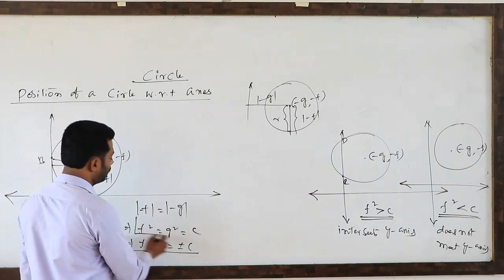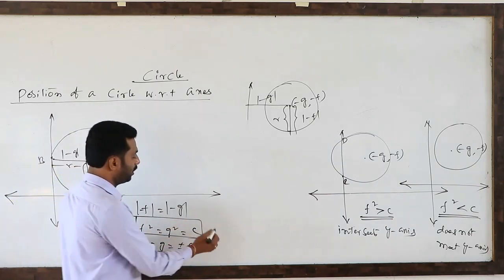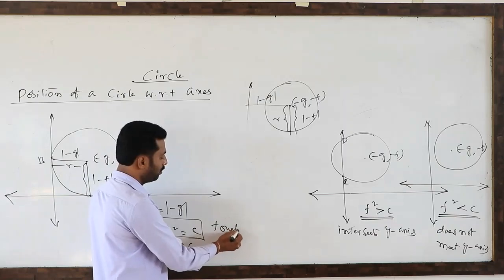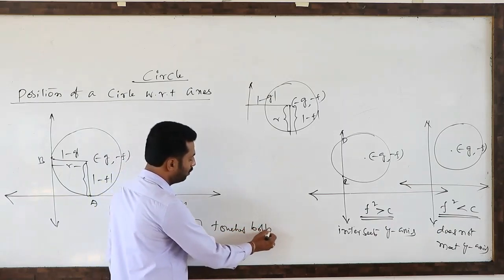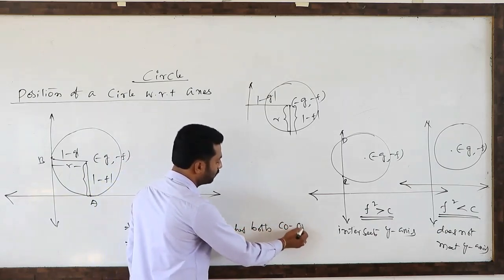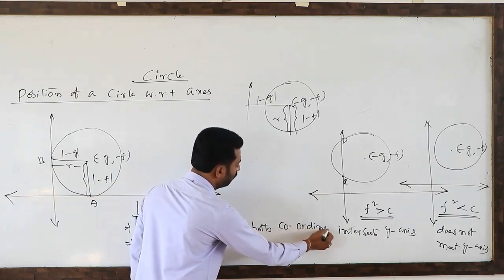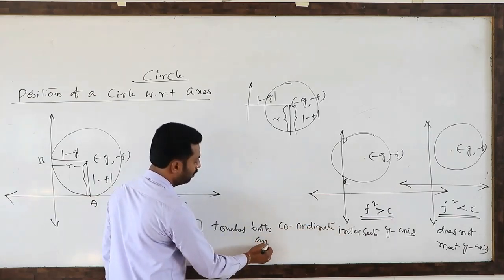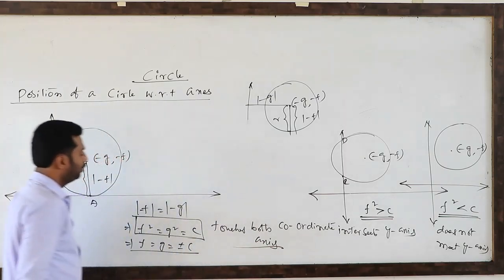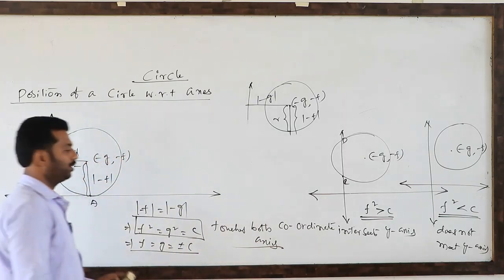So this is the condition whenever the circle touches both coordinate axes. So these points you have to remember.